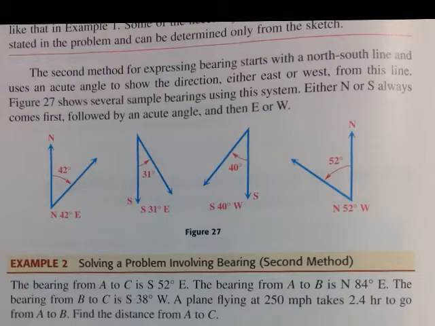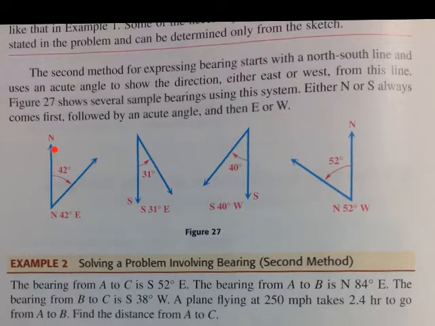And I would not only be on that north line, I would also be going 42 degrees to the right. 42 degrees right means east. So I'm on the north line above the east-west line, and I'm 42 degrees to the right, which is east.